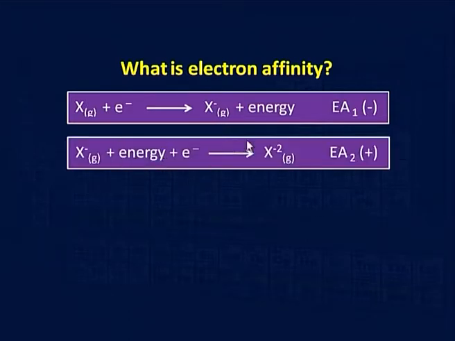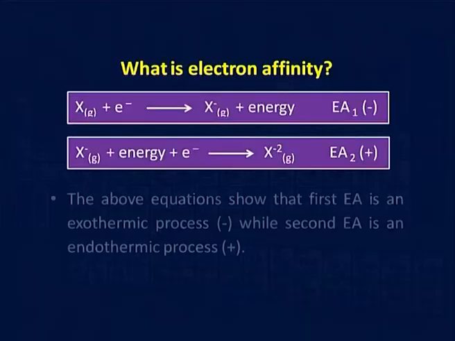Whereas, when we try to add another electron to this gaseous uninegative ion, instead of release of energy, we have to supply energy to the system. This addition of a second electron to a uninegative gaseous ion is an endothermic process, and the second electron affinity value is positive, because we are supplying energy to the system, and then we get a binegative gaseous ion.